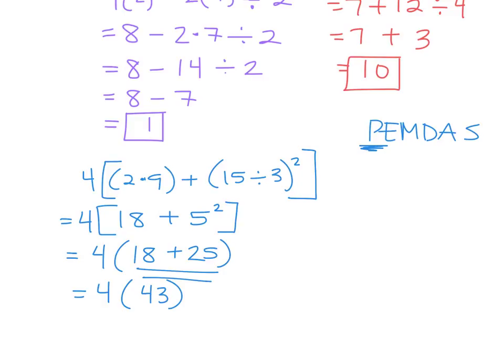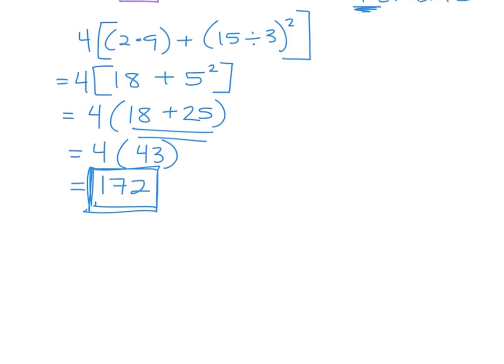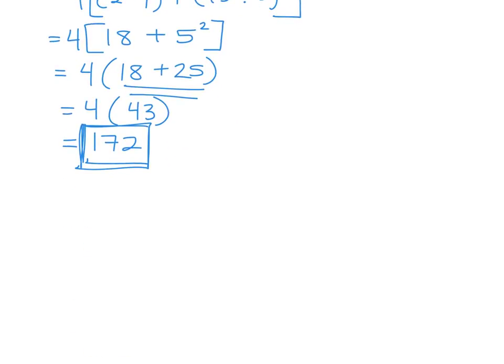So 18 plus 25, and now you can multiply. Anyone know 4 times 43 off the top of your head? 172. Good work. Did you plug that into a calculator? Yeah. Oh, okay. I was going to be really impressed with your mental math. Questions on that?